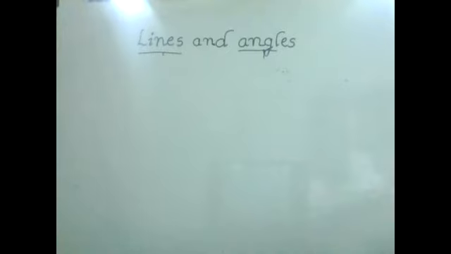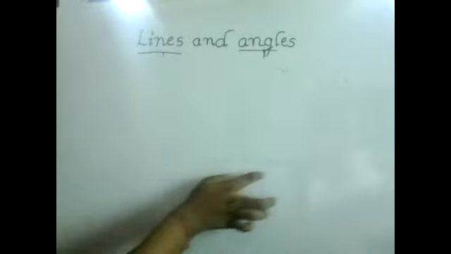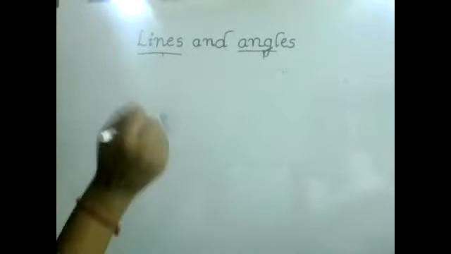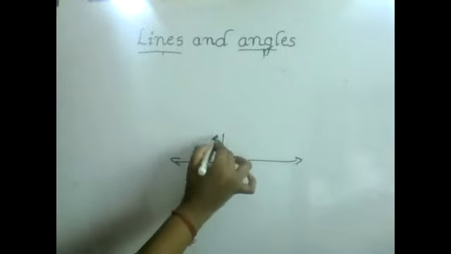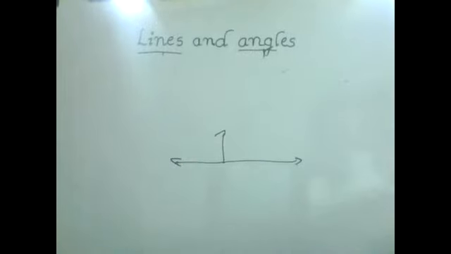If the sum of two adjacent angles is 180, then we can say it is a linear pair of angles. And one more condition in a linear pair of angles is that the two non-common arms will be opposite to each other. For example, these two are the two non-common arms. They will be opposite to each other. This is a linear pair of angles.